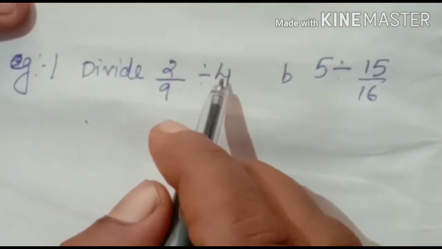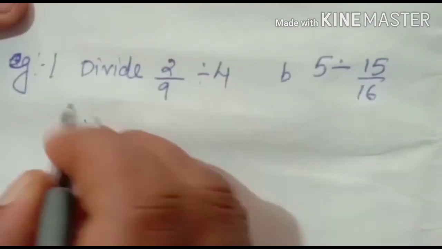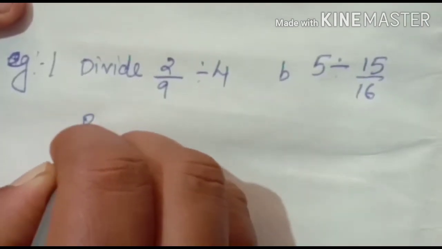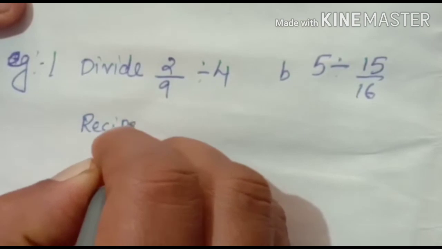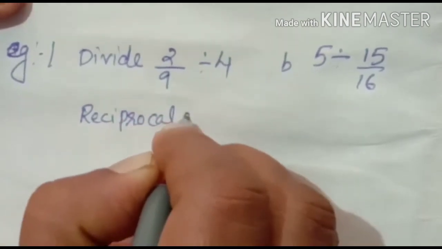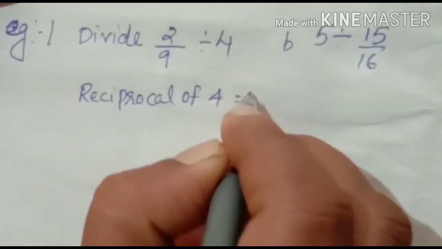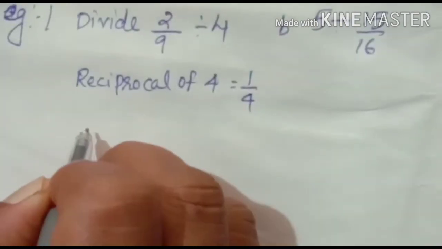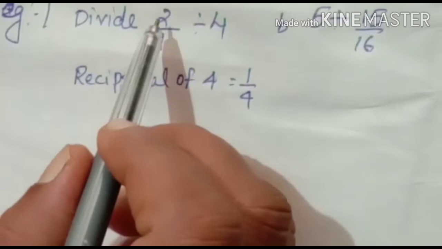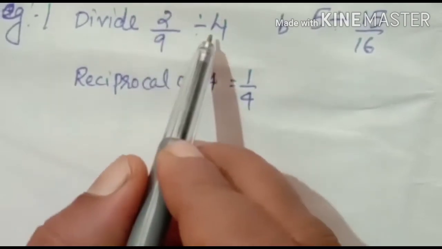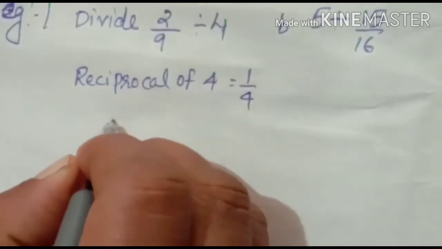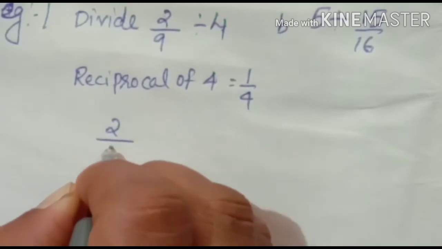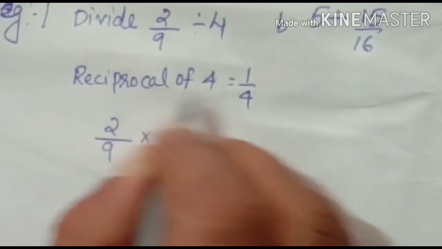So we can multiply the reciprocal of 4, reciprocal of 4 equals 1 by 4. We already discussed that. Then to divide 2 by 9 by 4, we should multiply 2 by 9 into the reciprocal of the 4.